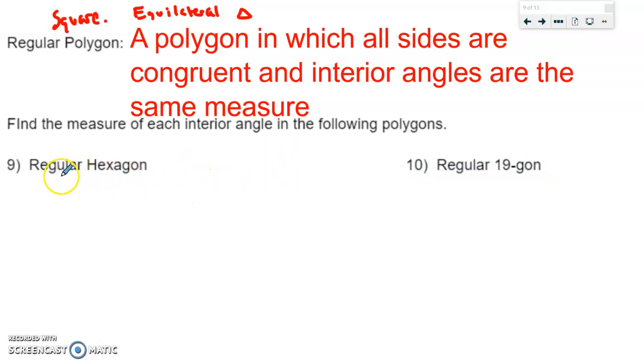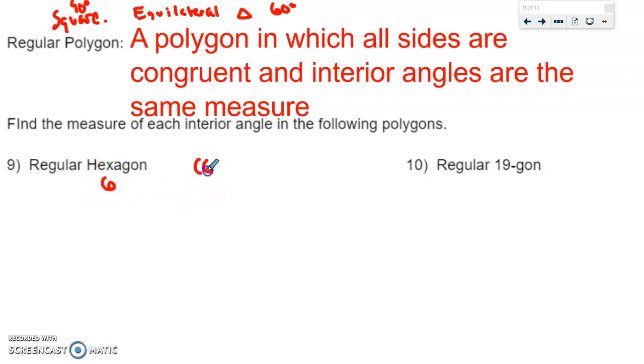So when I look at 9 and 10, it's just asking us to figure out, in a regular hexagon, what would all the angle measures be? I know in a square all those angles are 90, and I know in an equilateral triangle all those are 60. How can I do that same thing with a hexagon? So first thing we've got to do is figure out how many degrees there are in a hexagon. First off, how many sides are there in a hexagon? We know that's 6.